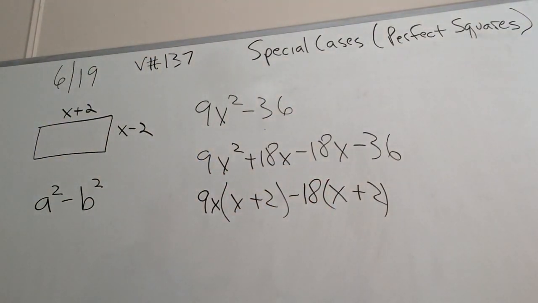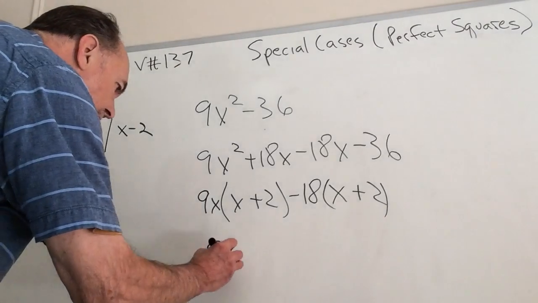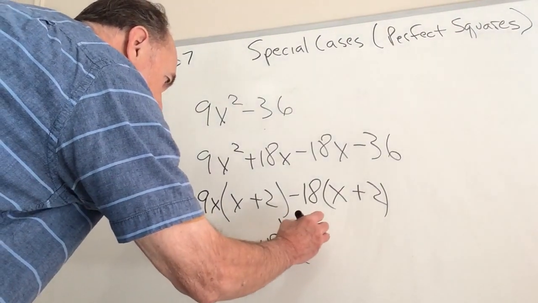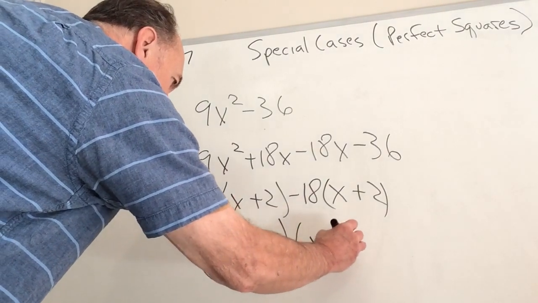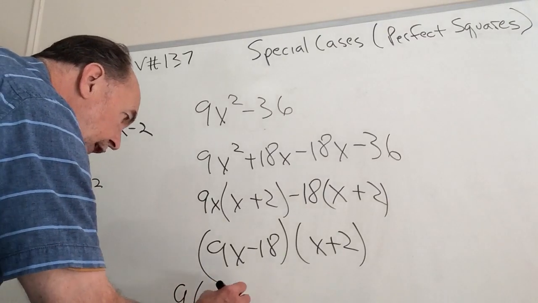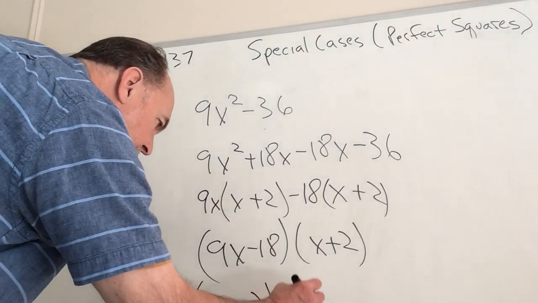Almost had to give up there, and so that means that you have 9x minus 18 times x plus 2. But then you factor out the 9, and you have it all over again, x minus 2 times x plus 2.